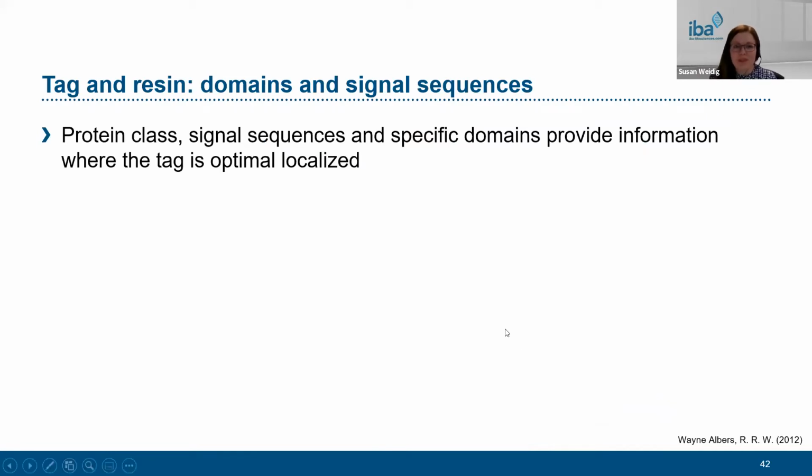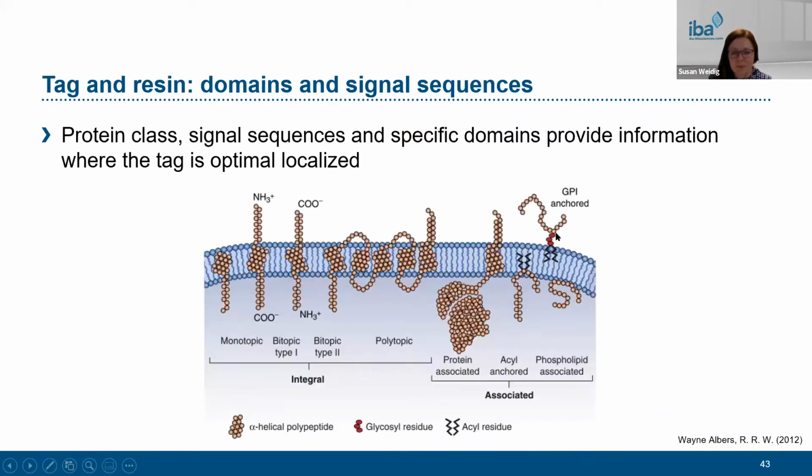To find the right tag and resin, you need information about domains and signal sequences. This picture shows only membrane proteins, but for me it says more than 1,000 words.